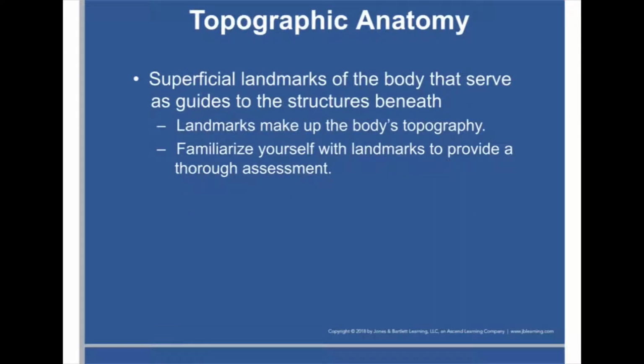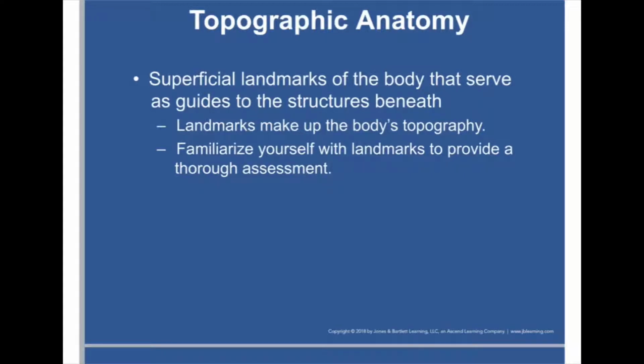Now, another key to be able to understand, speak, and really communicate well is understanding topographic anatomy. Topographic anatomy is the study of these superficial landmarks that we can see on the outside of the body that guide us to the locations of the organs and vital structures beneath them.